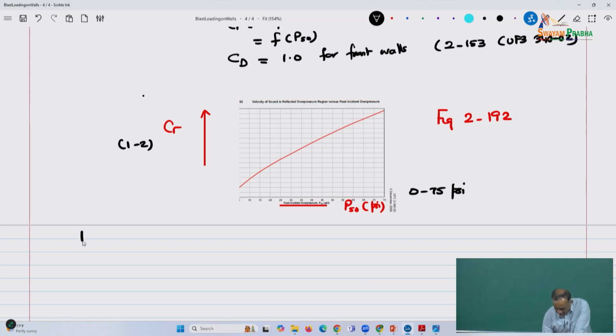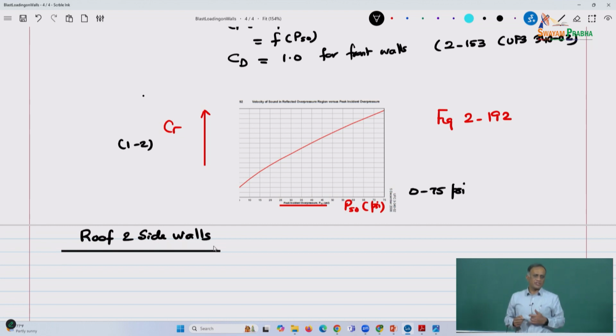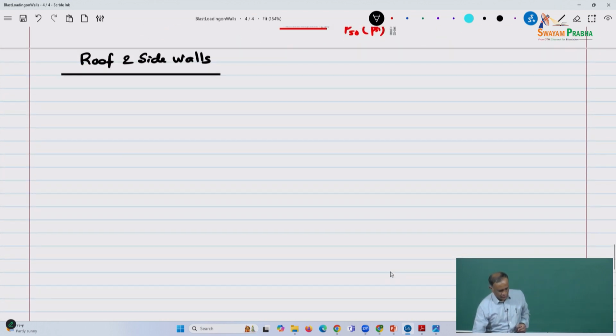Then we look at roof and side walls. The procedures are similar, with a slight difference in how you would interpret them.